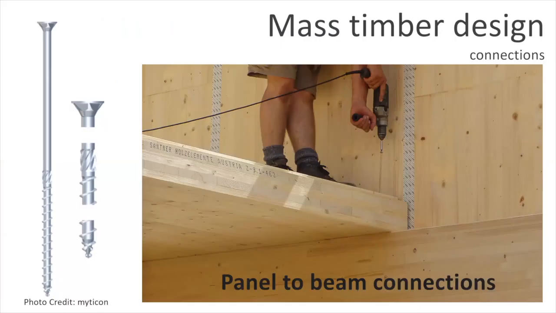So getting into that, I think it's fair to say that the most economical connection systems for mass timber involve wood-to-wood bearing, where I'm dropping one piece onto another piece, and then simple connections driven by screws. I love this picture because it appears to show that that connection is so simple you don't even need to wear pants, and you don't need to think about safety or free edge protection. So apparently OSHA goes away as well.